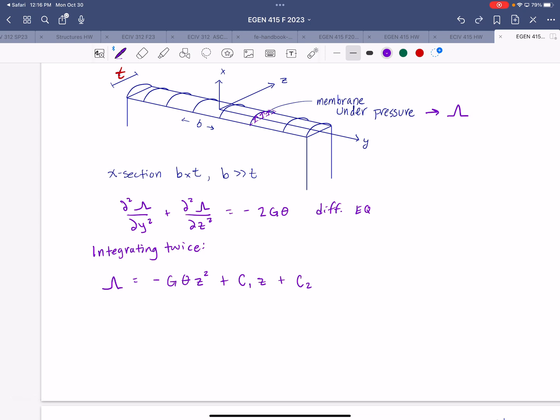And I'm going to sketch this because I think it helps to visualize what we're doing here. So I'm going to sketch it in the xz plane. Call this t over 2, or I guess that would be negative t over 2, and this t over 2. So it's going to be something like that.